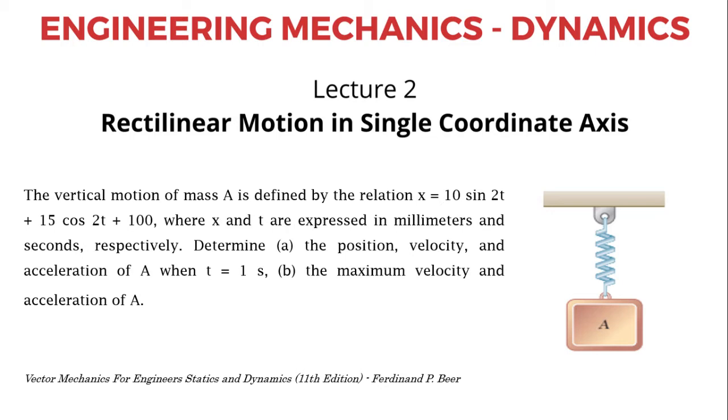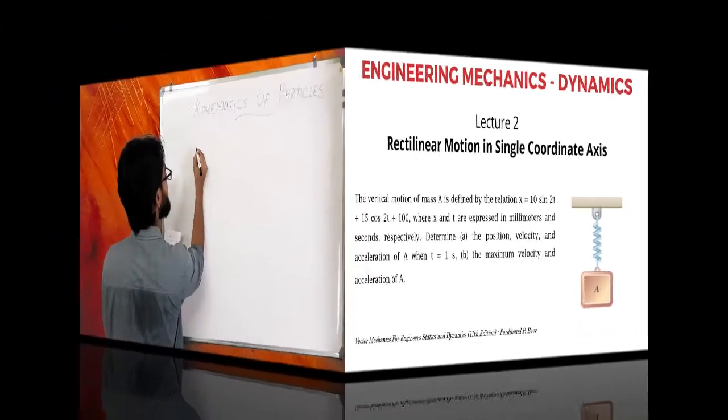B, the maximum velocity and acceleration of A. Now, this question is from the textbook Vector Mechanics by Ferdinand P. Beer. Now, let us try to solve this problem.